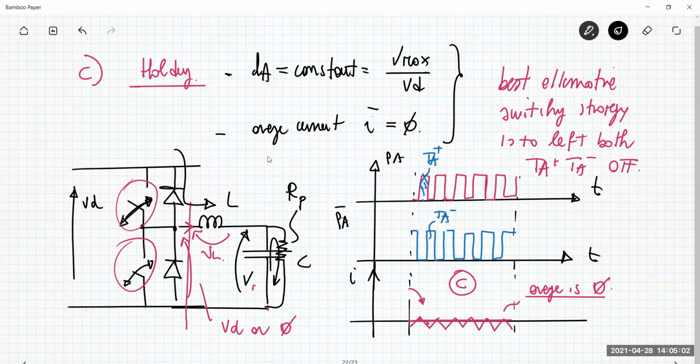What does it mean? That I have to consider just one of these pulses from time to time, for example, closing this switch in order to put charge into the capacitor. This is the overview of what I'm going to design.